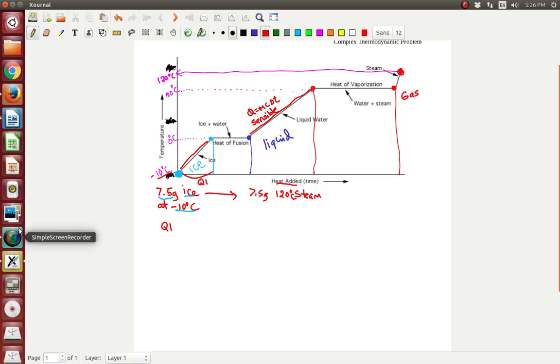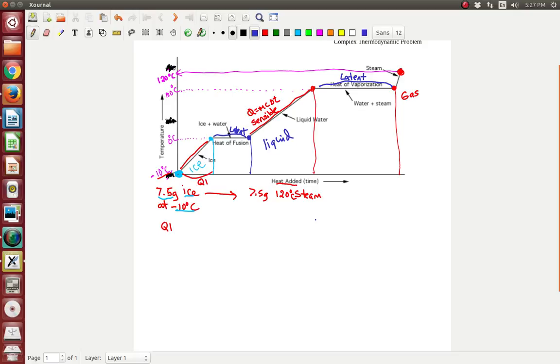All right, now the flat parts are the parts that I call the lazy areas, right here and right here. Those are the latent heat areas, latent, lazy heat. And in latent heat areas, both of these, you're undergoing a phase change. You're not adding any more temperature change.